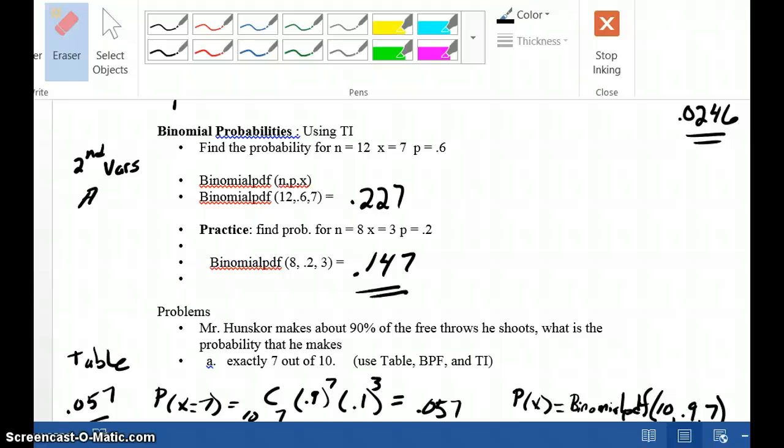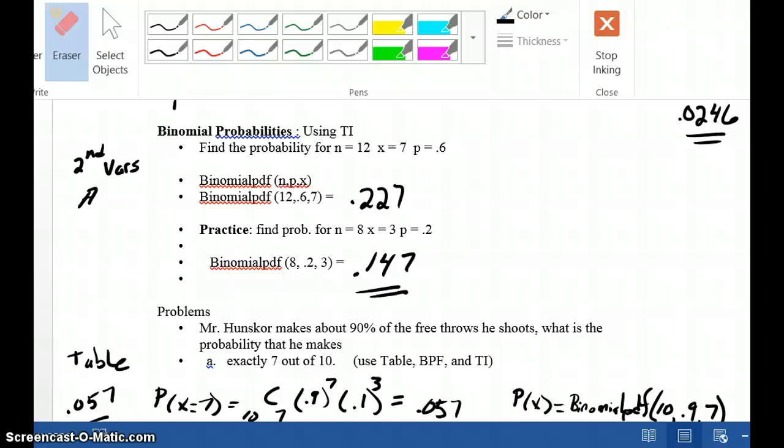You have to put the values in a particular order: n, p, and then x. So in our case, n would be 12, then 0.6, and then 7. So your calculator would look exactly like binomial PDF, parentheses 12, comma 0.6, comma 7, close parentheses.